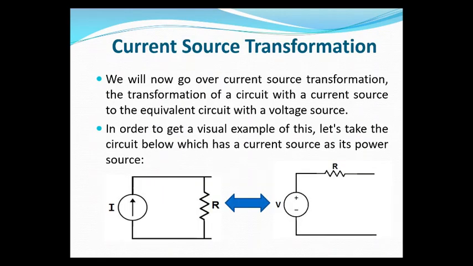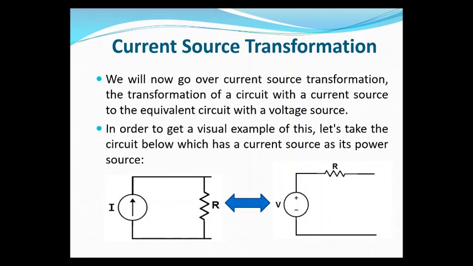So now we will go for current source transformation: the transformation of a circuit with a current source to the equivalent circuit with a voltage source. To get a visual example of this, let us take the circuit below, which has a current source as its power source.